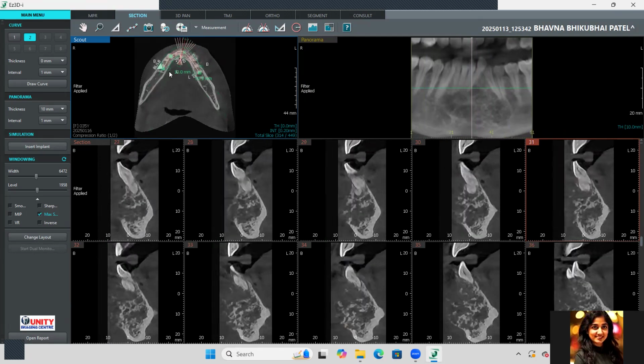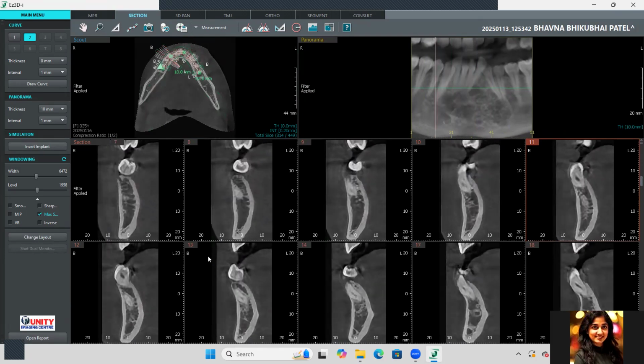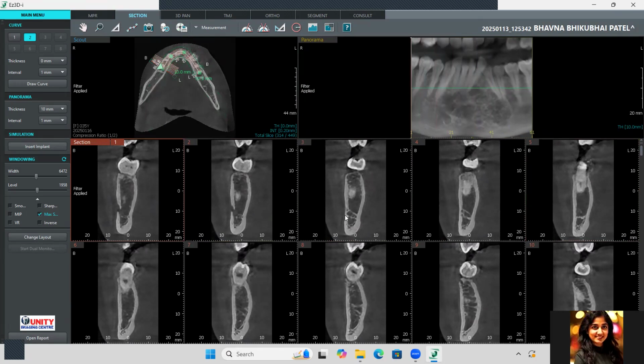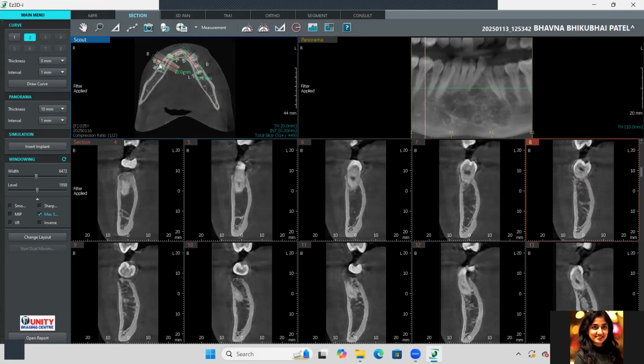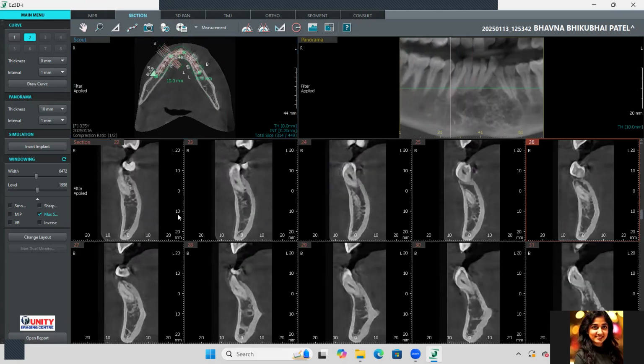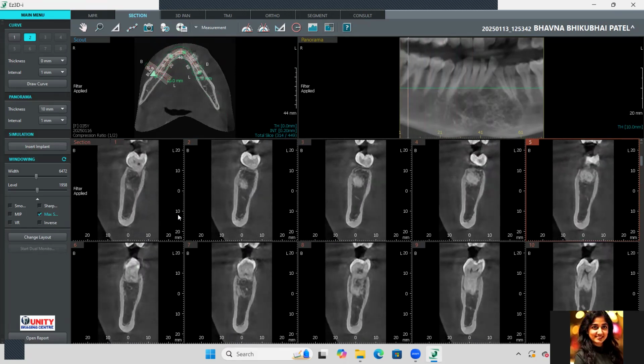Sometimes it's very difficult to see where it is ending. But yes, as we can see now it has ended. And the other bone, surprisingly, there is no bone at all because most of the time there are osteoporotic changes in women, especially Indian women, because they don't take supplements.